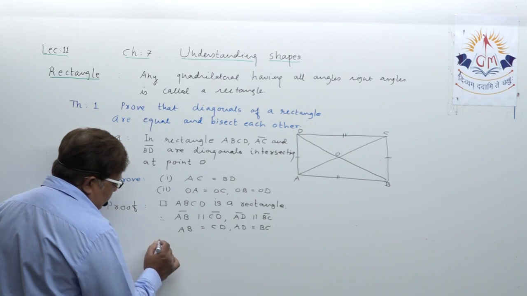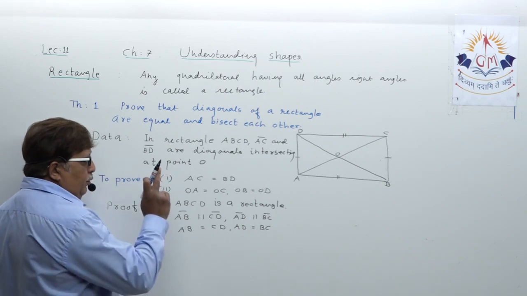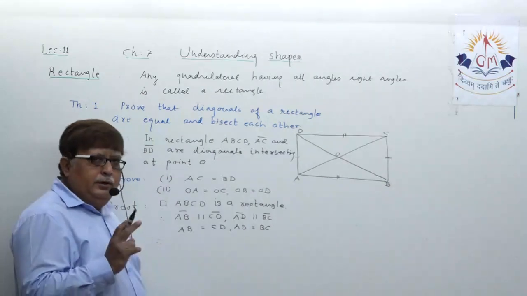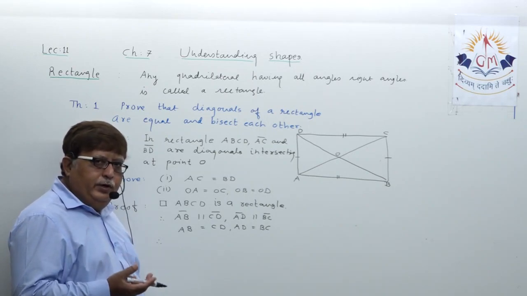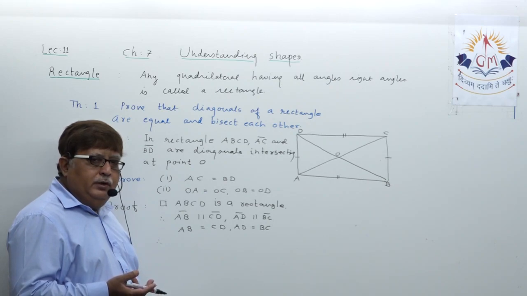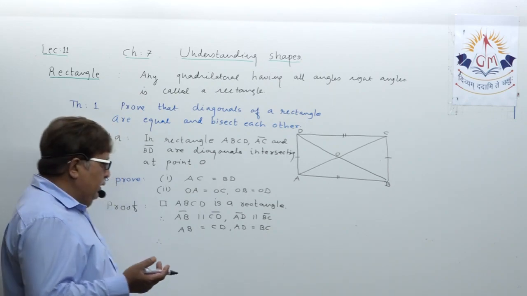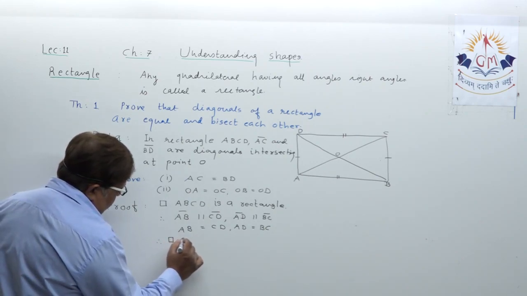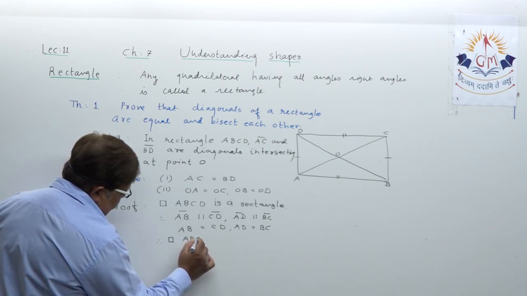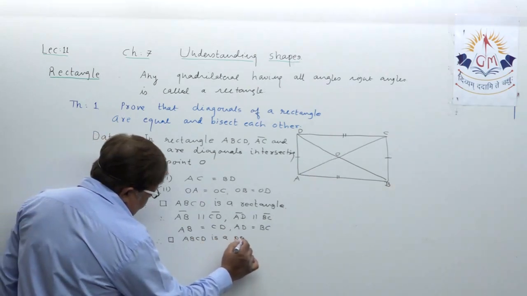When opposite sides are parallel and congruent, it becomes a parallelogram, because the parallelogram definition itself suggests that opposite sides are parallel and equal. Therefore, quadrilateral ABCD is a parallelogram.